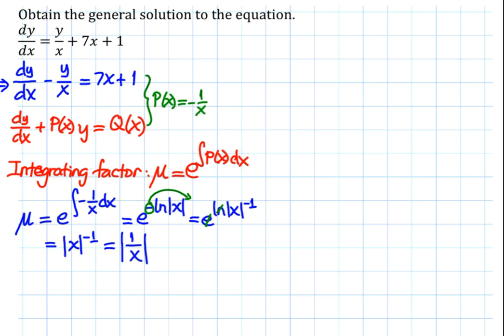Let's just put that in a different color. Change that to purple. So this will be the integrating factor. So we have absolute value of 1 over x. So we have dy over dx minus that absolute value of 1 over x.